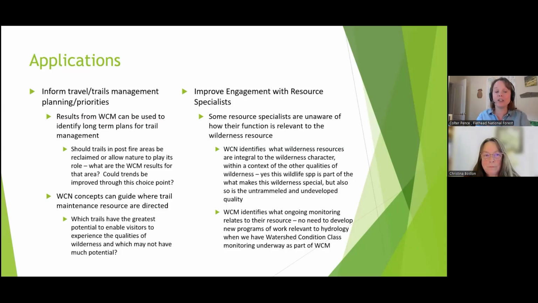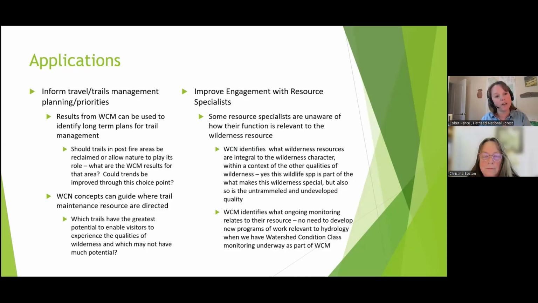Wilderness character is not only about that wildlife species, it's also about untrammeled and undeveloped. So in the case of mountain goats, they may be a part of an area's special quality, but we also value untrammeled and we also value undeveloped. We're not going to over-trammel to protect the mountain goats. We're also not going to overdo it with the undeveloped quality to protect those goats.